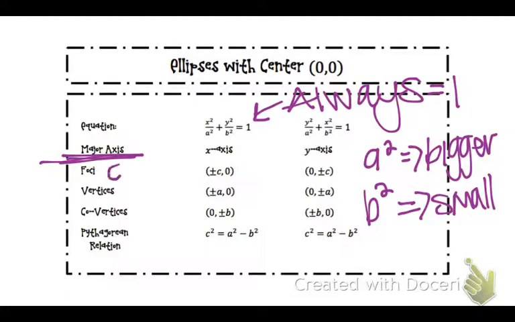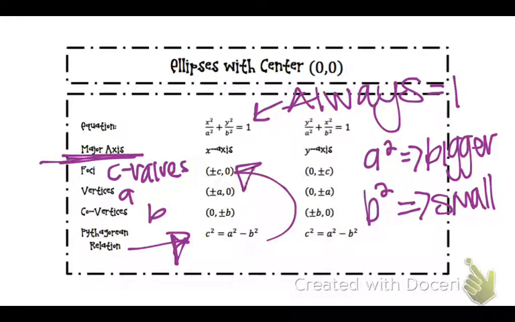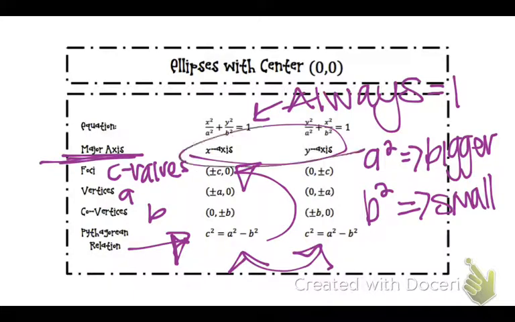Vertices are on your major axis, and that's your A value. Co-vertices are your B values. Then the Pythagorean relation is right there, and that's how you find the foci. The only difference between these is which one is the major axis.